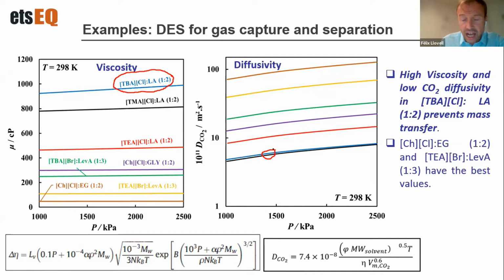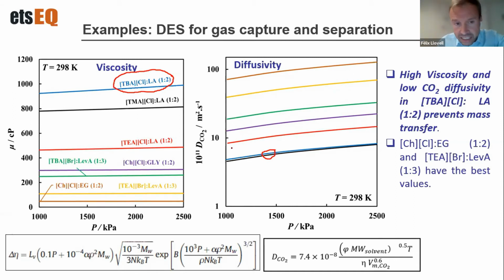This absolutely prevents the use of this solvent as a CO2 capture solvent, unless we modify it with the addition of water or another solvent which could decrease the viscosity. But this is another story.